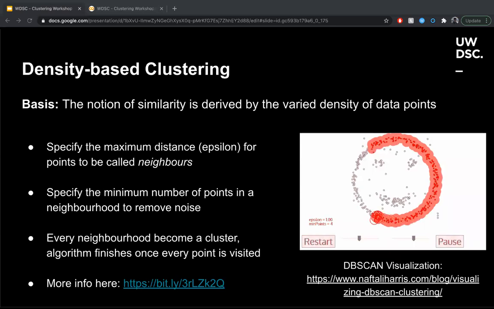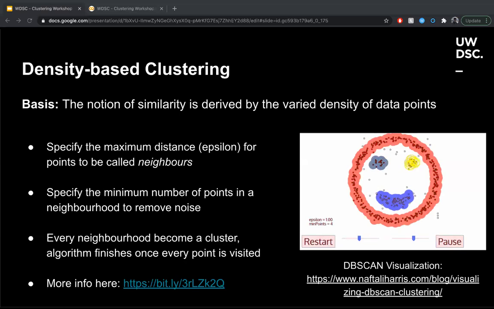I'll just preface it by saying that I'm going to give a higher level overview of how they work, as opposed to going step by step through the process, because I think it's not necessary to go into the details, because you'll never have to re-implement DBSCAN, for example. I mean, you likely won't have to do that with k-means either, but it's more important to understand the theory with the previous two algorithms I've mentioned, as opposed to these next two.